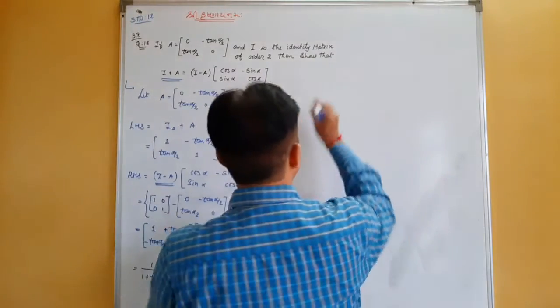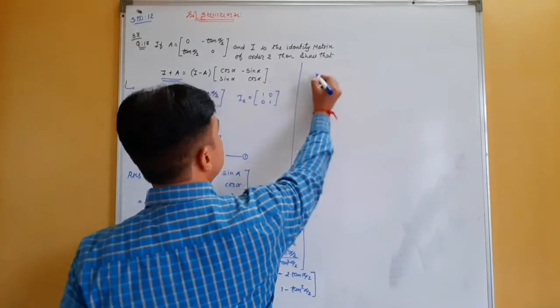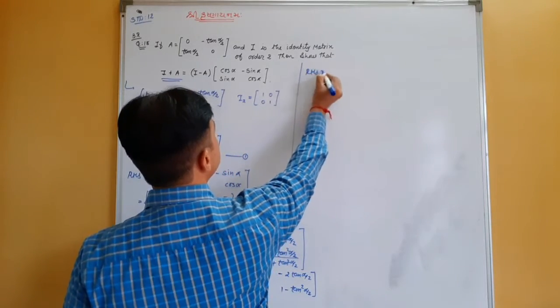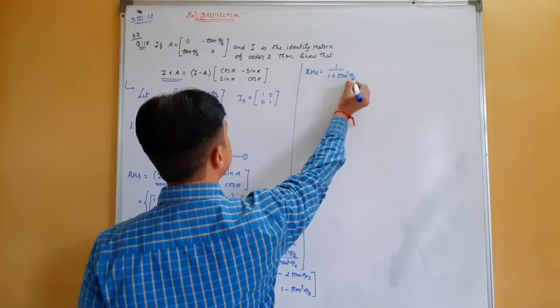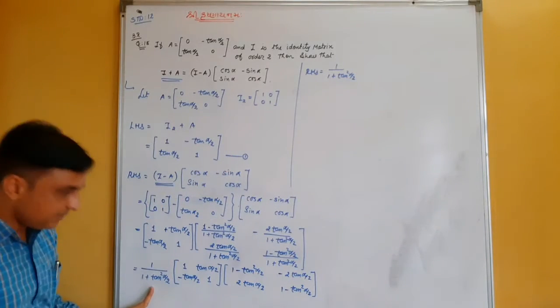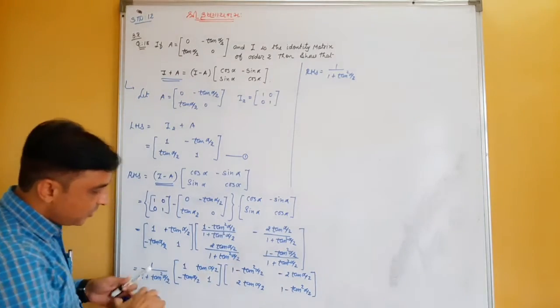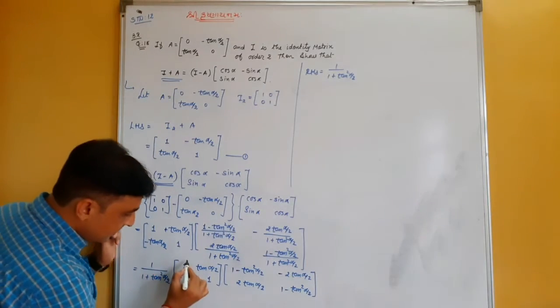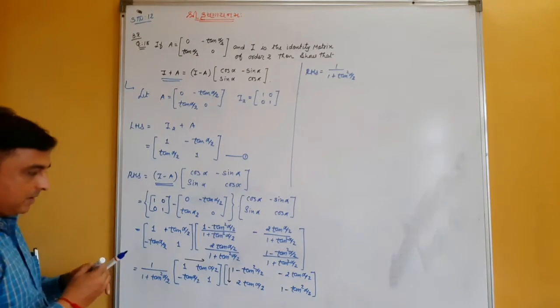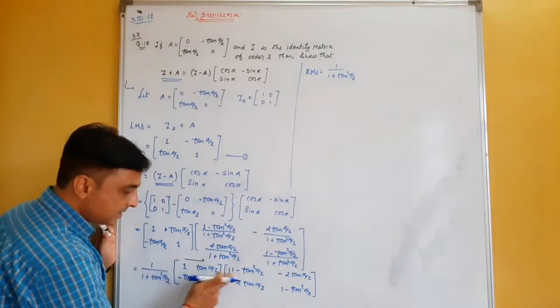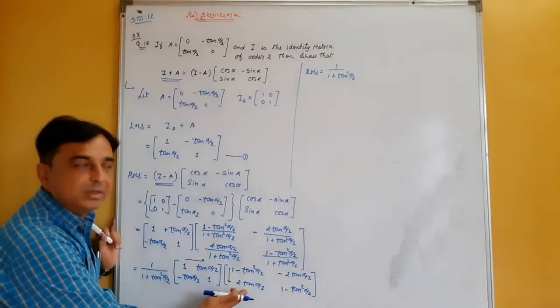So now right hand side equal to 1 upon 1 plus tan square alpha by 2. The first term is as it is. Now product of these two, first row, first column, 1 into this and tan alpha by 2 into this.